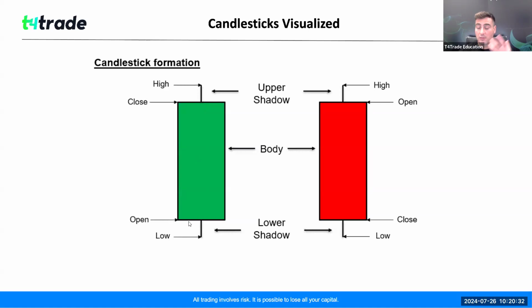Another explanation would be: opened here, went to the highest point, came to the lowest point, then closed. We know the starting point and the finish point, or it opened here, went up, went down to the lowest point once again, and then rebounded to the highest point up there, and then closed here.